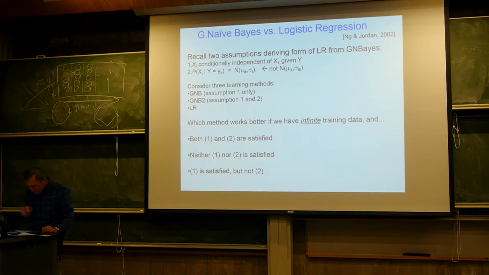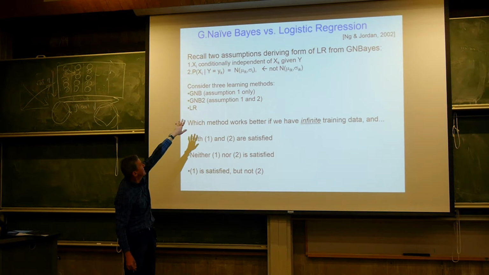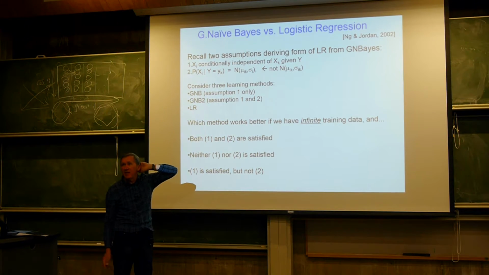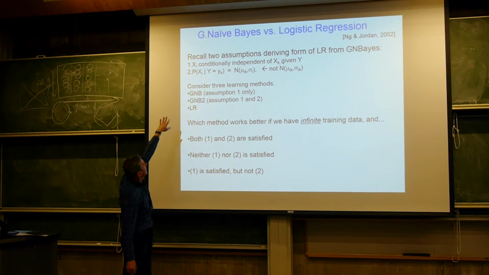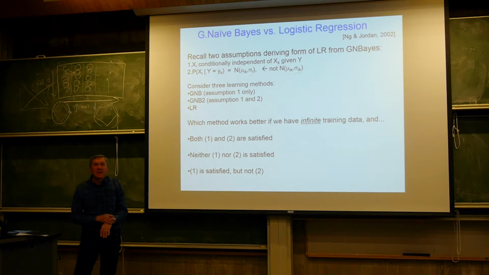Okay, so let's fill in the full story here. You can help me fill it in, in fact. So suppose I define, just to make our conversation clear, that there are two assumptions we can make. Number one, that the x sub i's are conditionally independent given y. And assumption two is that these variances are independent of y.